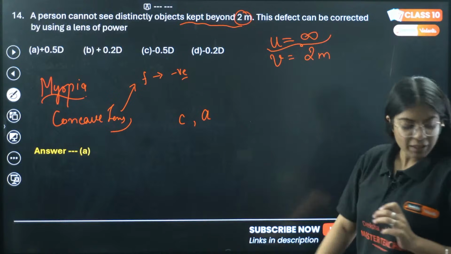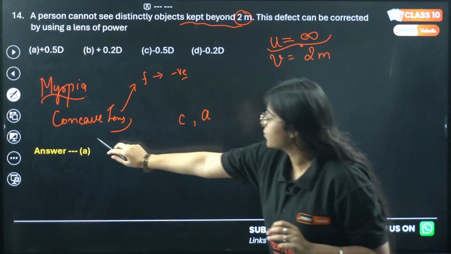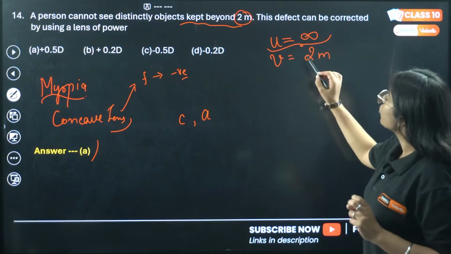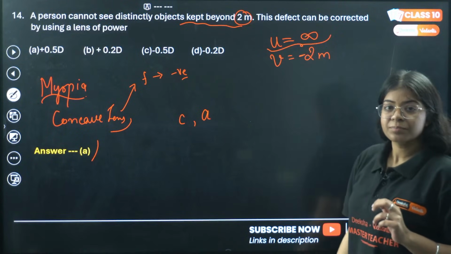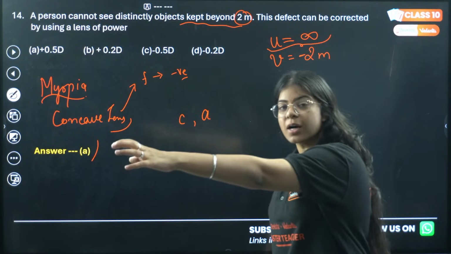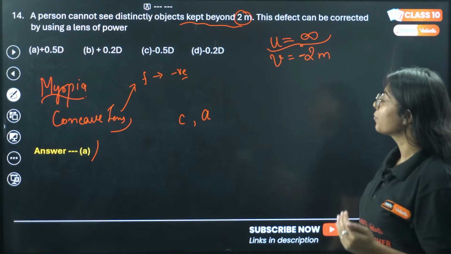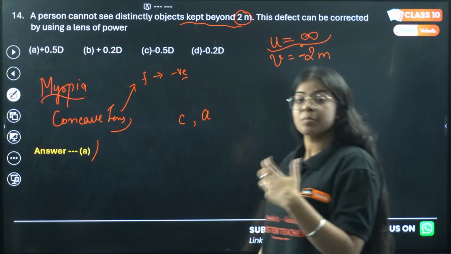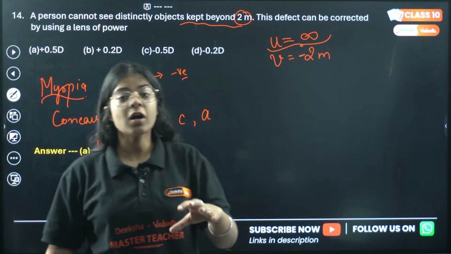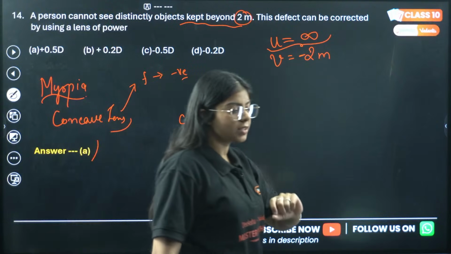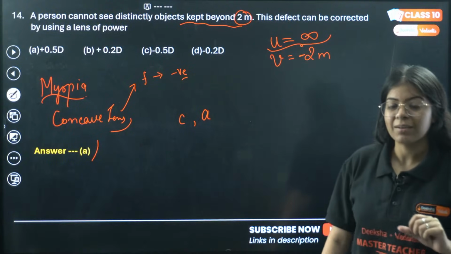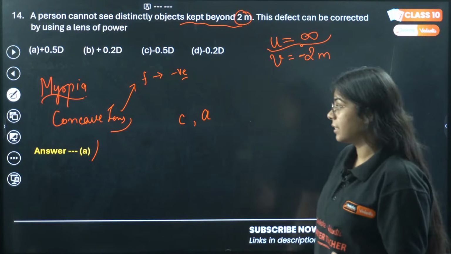Correct? Wait, I think this answer is probably wrong. Let me just check. So V is what? It's negative. Correct? My object is at infinity. The image is at focus. So for a concave lens, because it's myopia, we are using a concave lens, focus is negative.